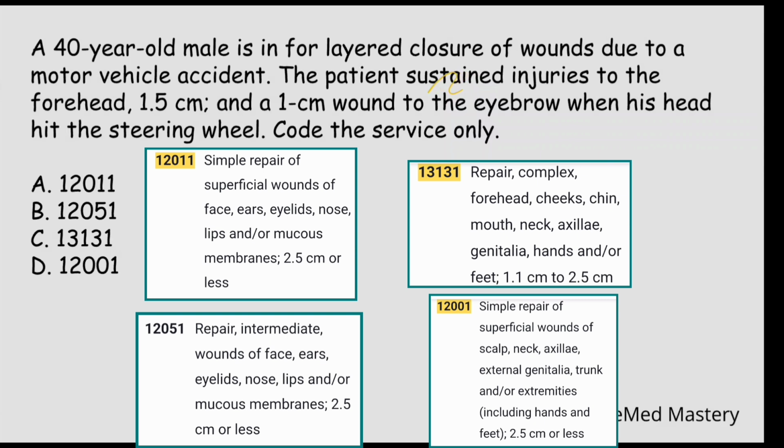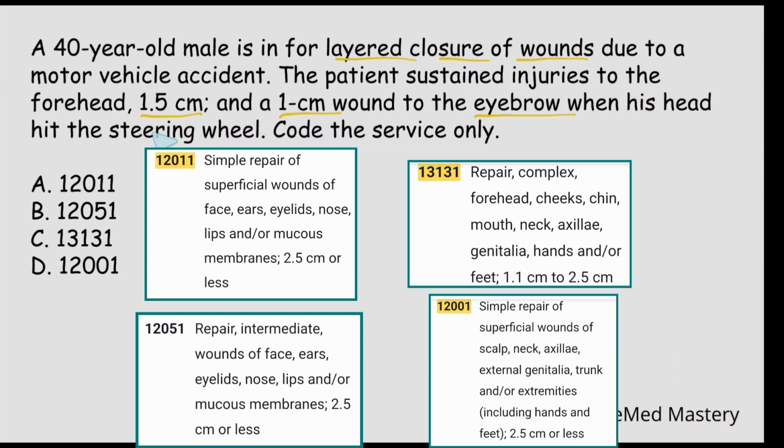In the question they have mentioned a 40-year-old male is in for layered closure of wounds. So layered closure means it is intermediate repair. Here the patient sustained injuries to the forehead 1.5 cm and 1 cm to the eyebrow. Therefore for repair we have to code according to the sum of lengths of repairs for each group of anatomic sites.